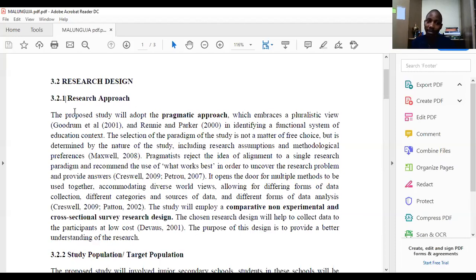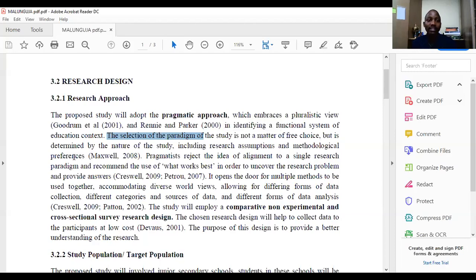You simply write, for example, this study will adopt a pragmatic approach, which embraces the pragmatic view according to this one and this one, in identifying the functioning systems of the educational context. The selection of this design is not just a matter of free choice.